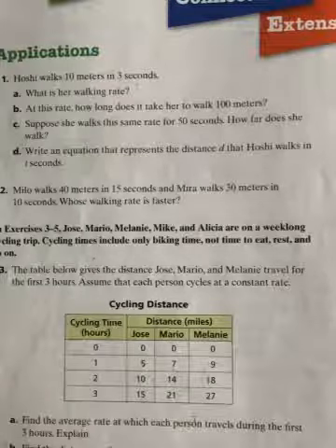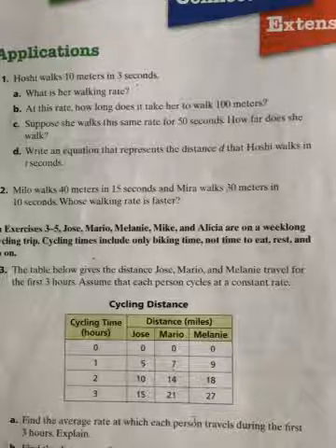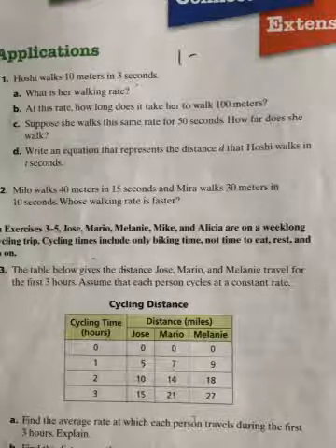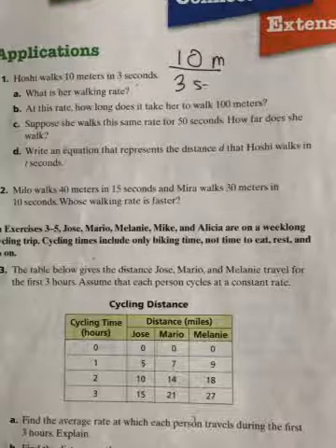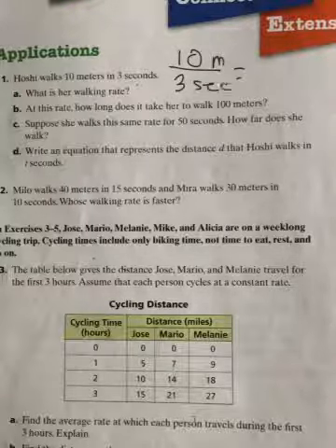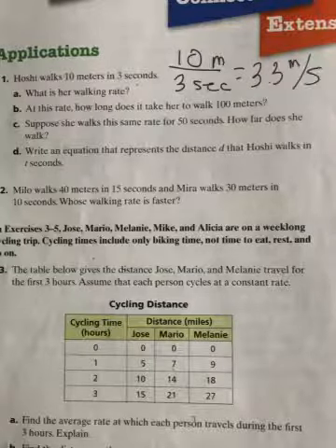Moving on to the next page, question 1 says that Hoshi walks 10 meters in 3 seconds. What is her walking rate? We can simply solve that by taking 10 meters, dividing it by 3 seconds, to get an answer of 3.3 meters per second.